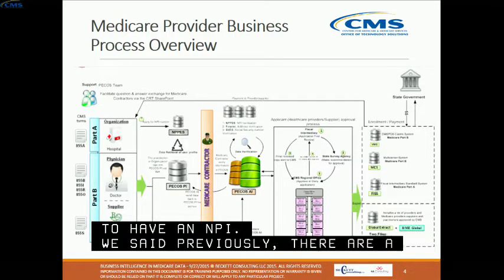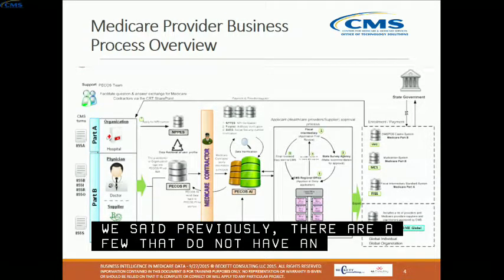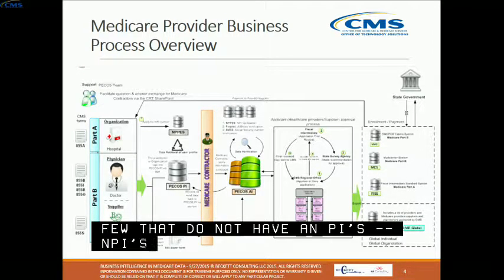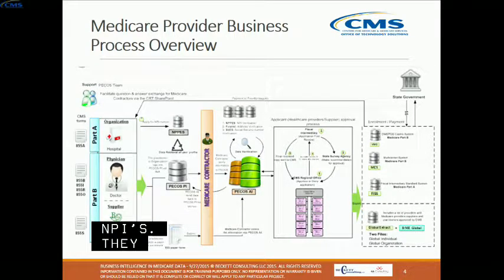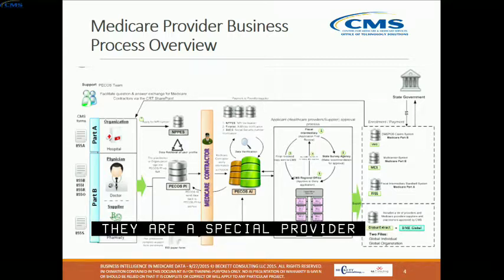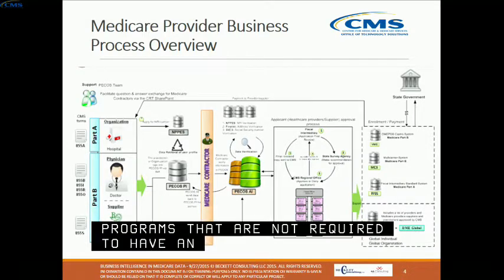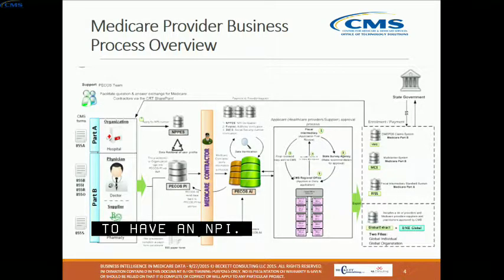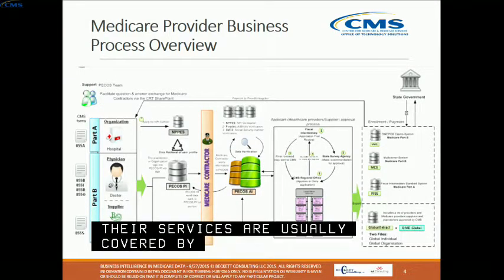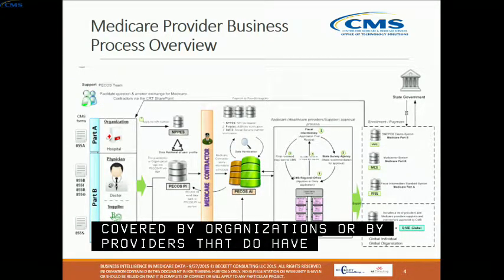There are special provider categories in special programs that aren't required to have an NPI, and yet the billings associated with their services are usually covered by organizations or providers that do have NPIs. So they tend to be associated with or part of an NPI-associated organization or provider.